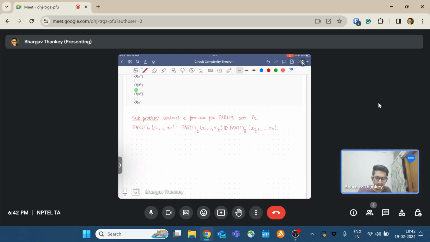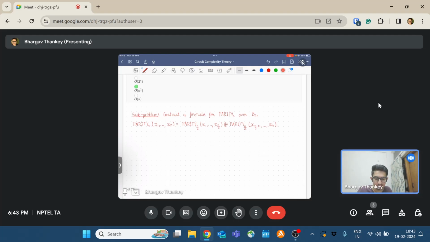So parity on x1 to xn is the XOR of parity on the first half of the bits and parity on the next half of the bits. So is this clear why this is true? Should I explain? Please explain.